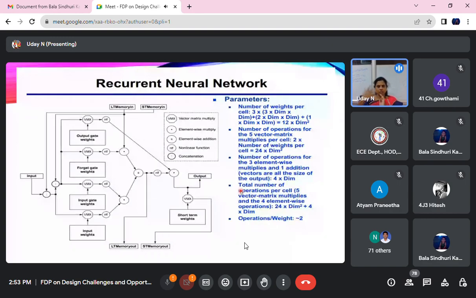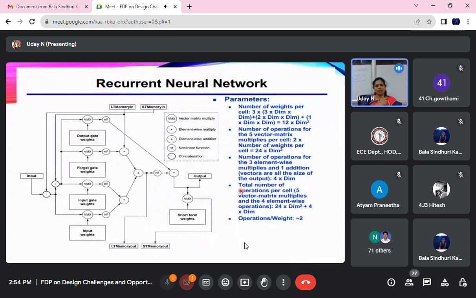Then memory registers to store the short term weights, long term memory output, short term memory output registers, and an input register. We should have registers to store the output gate weights, input gate weights, and forget gate weights. So this is how a VLSI architecture for a recurrent neural network looks.